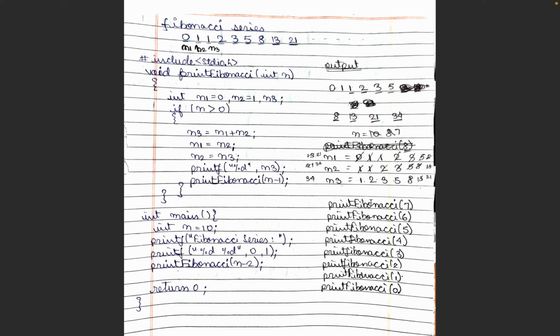Then you just start writing things down for the dry run part. After my n was 8, after minus 1 it has become 7. So at this statement it is 7. So print Fibonacci 7, I have written.